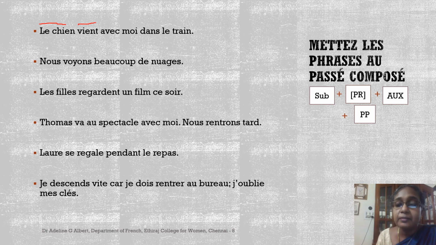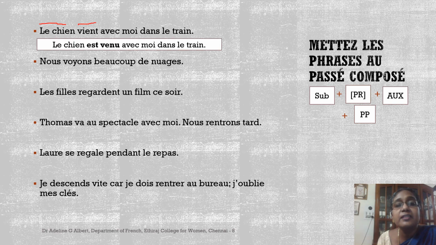Verb, remember, subject remains the same. Verb has two parts in it: auxiliary, past participle. Venir is your basic être verb, so there are two parts, and the first part is the verb être. And here is your sentence: Le chien est venu avec moi dans le train.